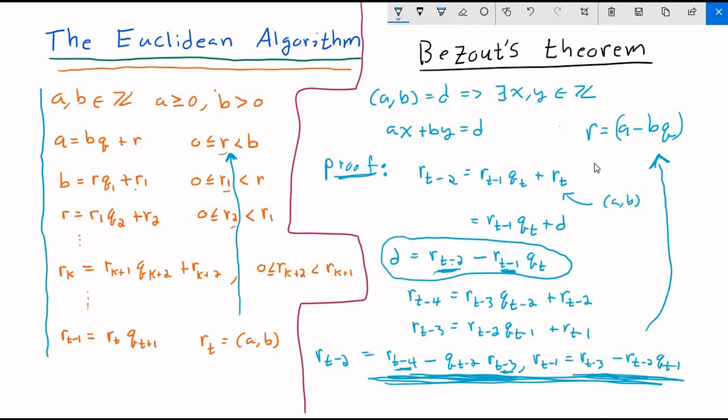So again, let's return to our concrete example of 343 and 280, and let's apply this method to write 343 and 280 in some sort of integer combination that gives us 7, which is their GCD.